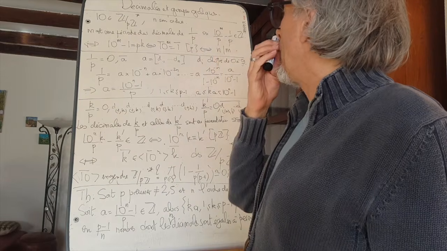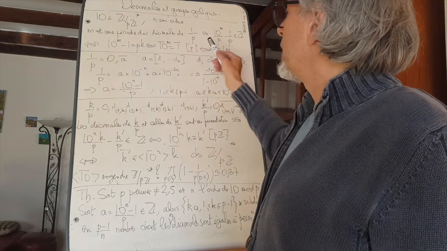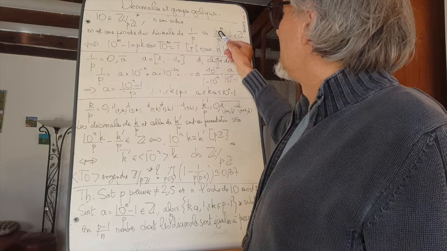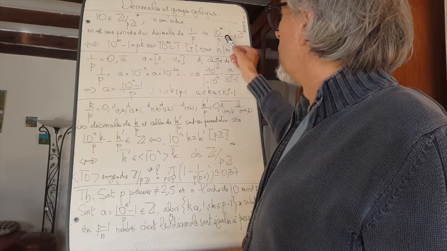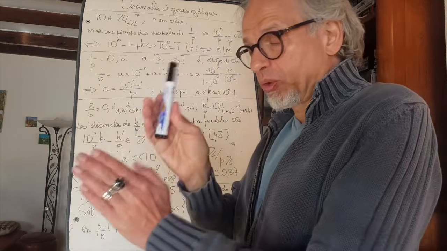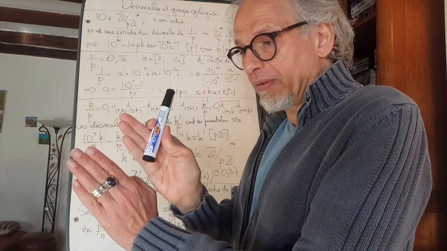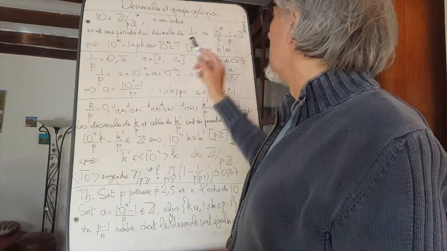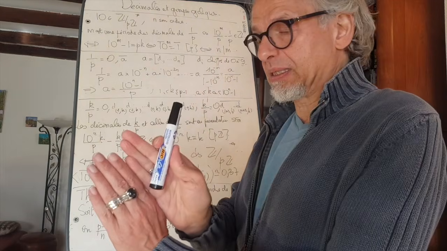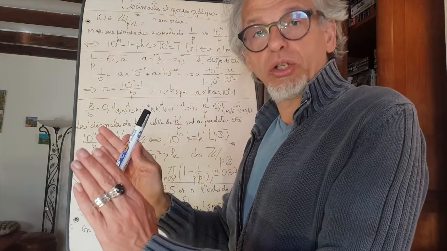If and only if, well, obviously, if it's a period, then 10^m/P minus 1/P, all decimals will be eliminated. 10^m/P relative to 1/P is a shift of m.